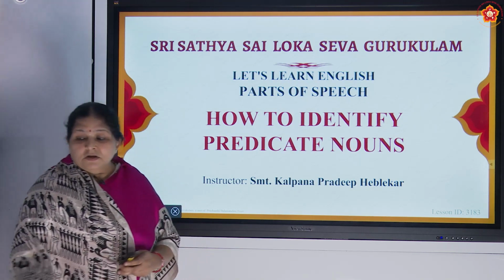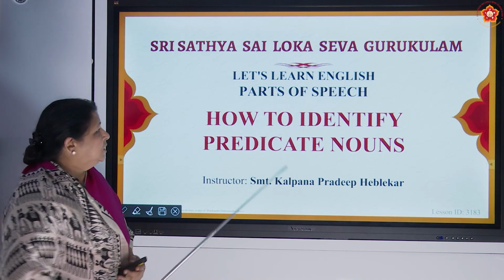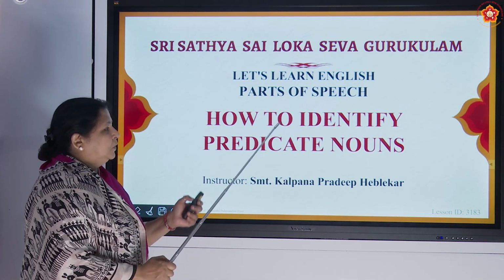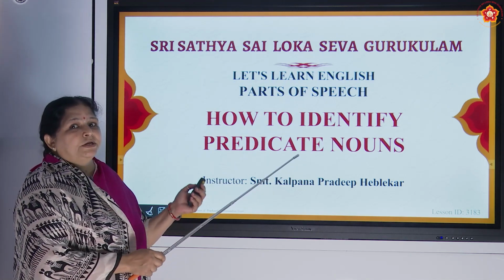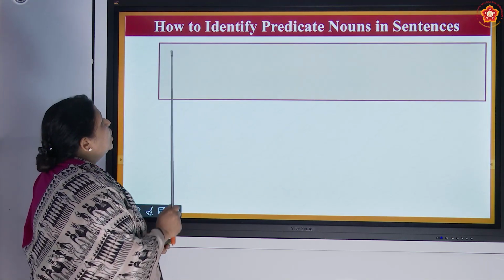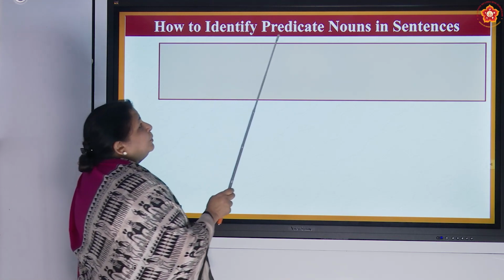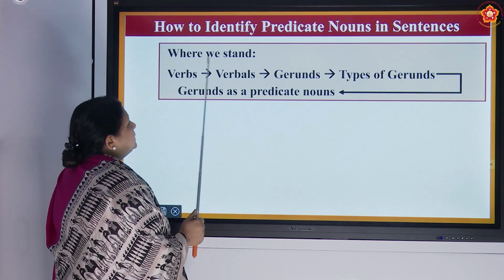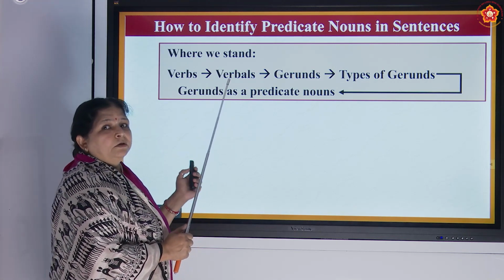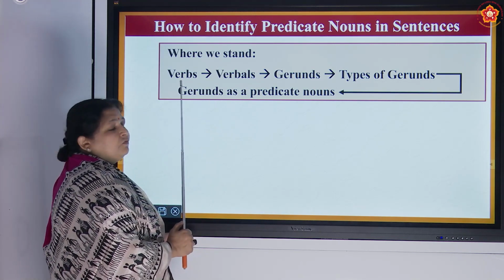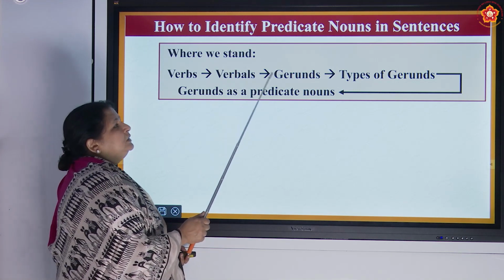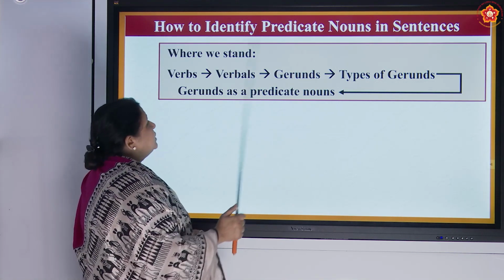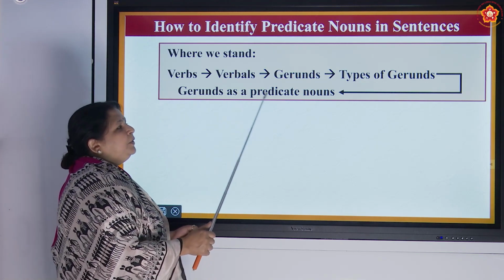So today we are going to learn how to identify predicate nouns, gerund as a predicate noun. Where we stand now, till now what we have done: verbs, we have completed verbs, verbals, then types of verbals, then gerunds, types of gerunds, gerund as a predicate noun.